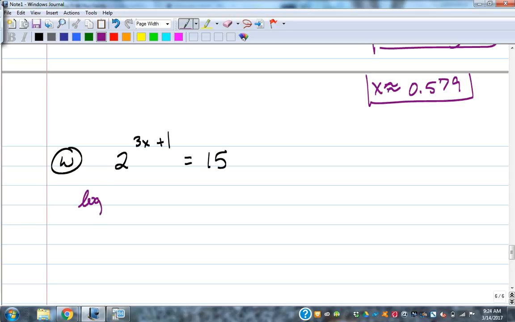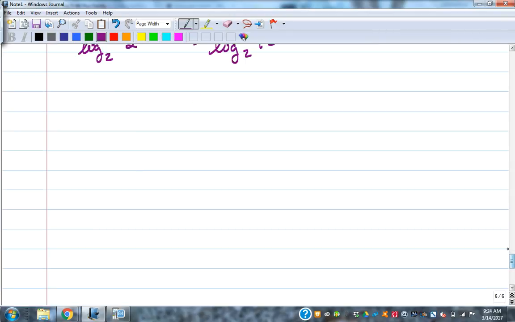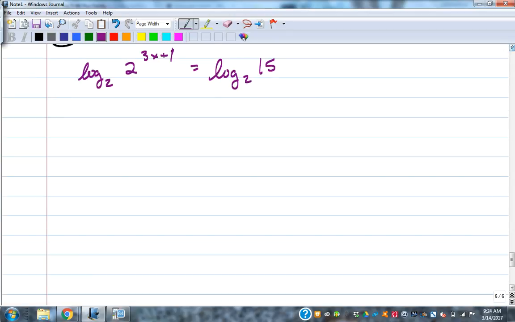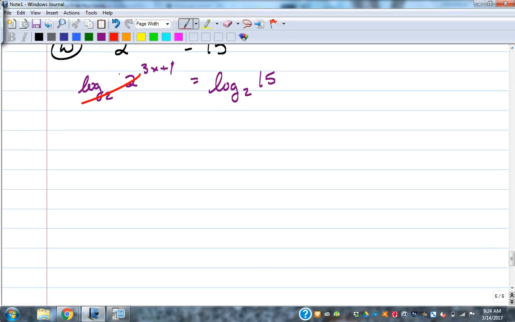So yeah, can't make the bases the same, so we're going to use log base 2 to get rid of that 2. So that cancels that, giving you 3x plus 1 is equal to log base 2 of 15. And then just get x by itself. So this is just a number. That's all that is. It's just a weird looking number.